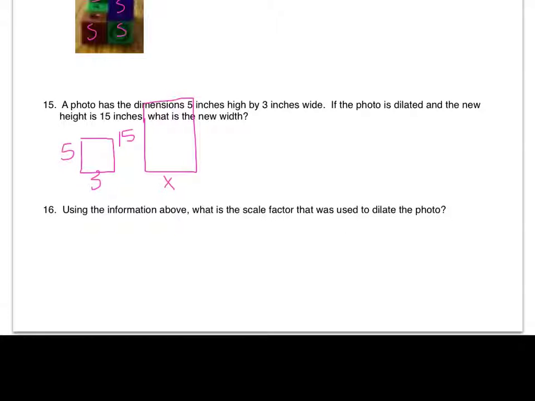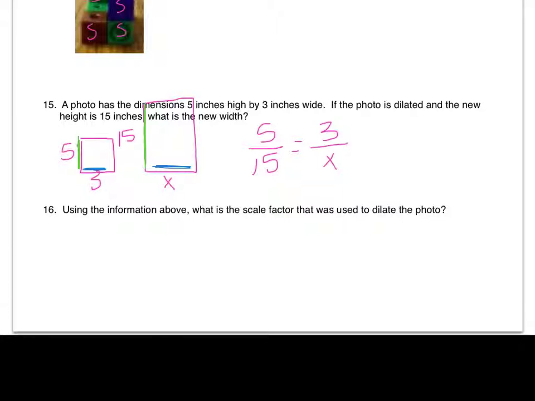So based on our last unit, we could set up my corresponding sides by coloring them, and I could just set up a proportion. So 5 would go with 15 and 3 would go with x, and then I can cross multiply and divide. Or if you want to, you could use scale factor.